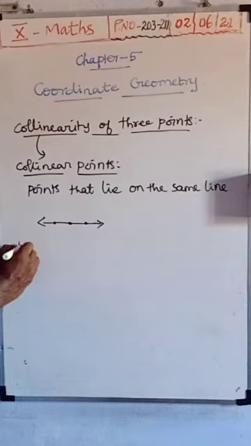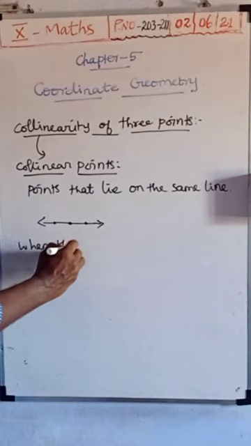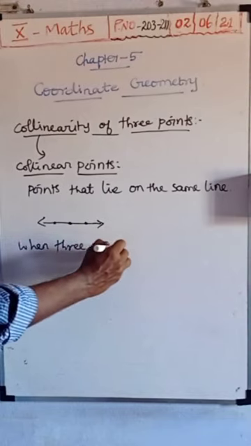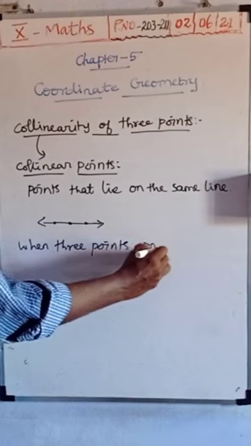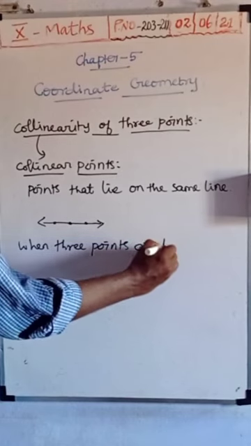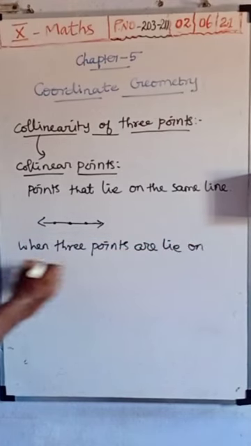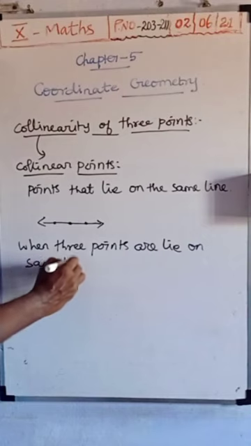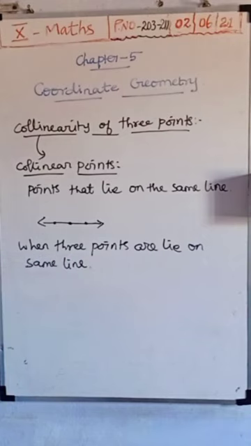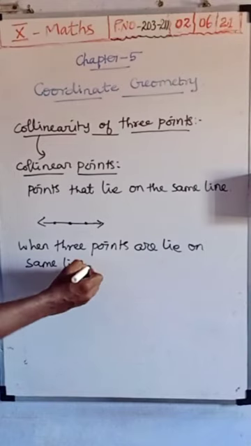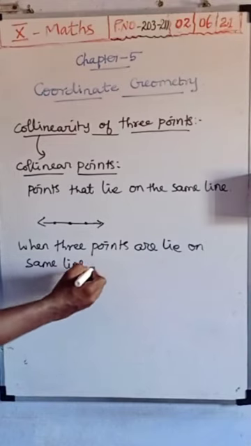Okay, so when 3 points lie on the same line, we can say these points are collinear.